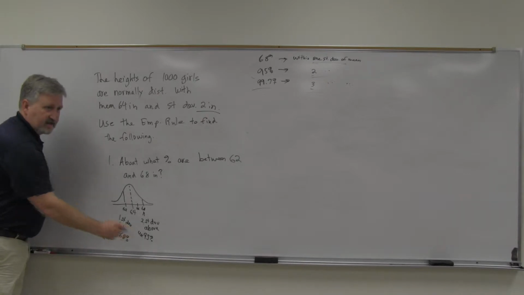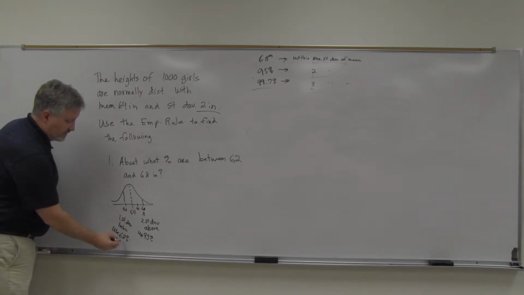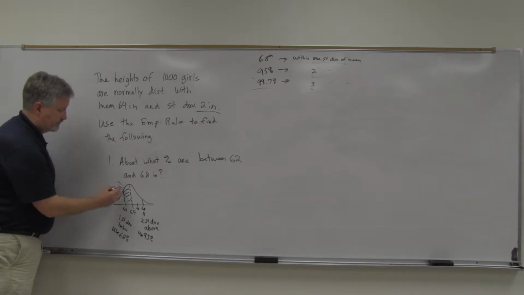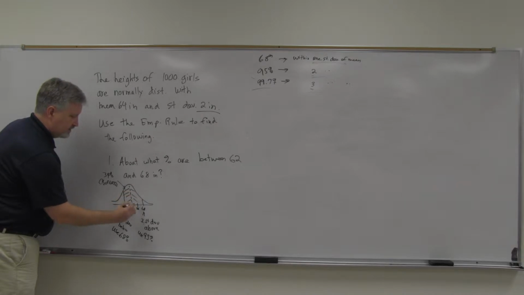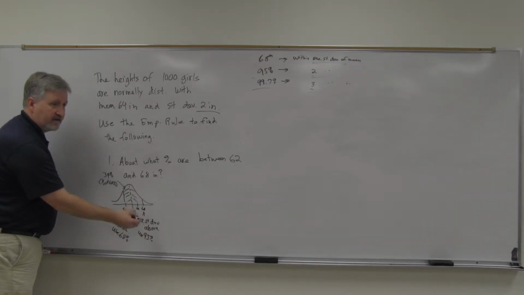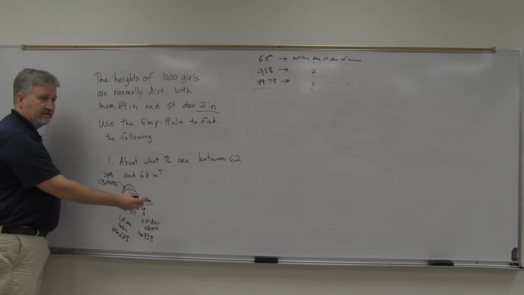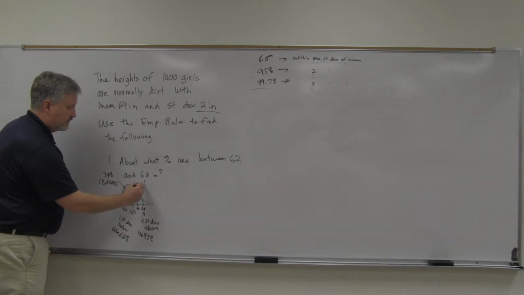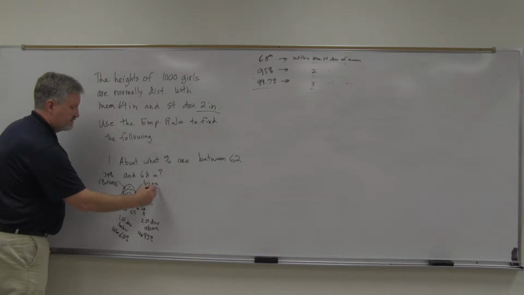What I'm going to use is half of 68, which is 34. This other one is 2 standard deviations, it's 95, but I'm only talking one side, so 47.5, half of the 95.